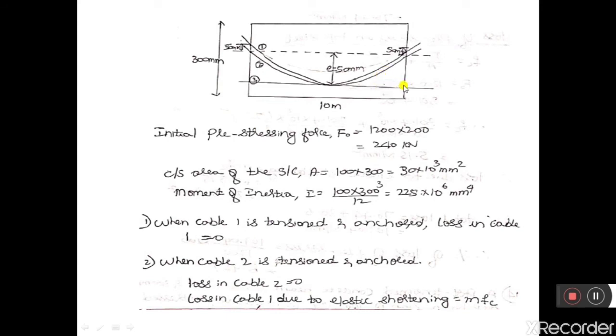When I consider cable 3 and cable 2, here we have two eccentricities. Eccentricity of cable 2 at midspan is 50 and eccentricity of cable 3 at midspan is 50. Eccentricity of cable 2 at supports is 0 and eccentricity of cable 3 at supports is 50. Therefore E2 and E3 is 50, 50 and here it is 0 and 50.